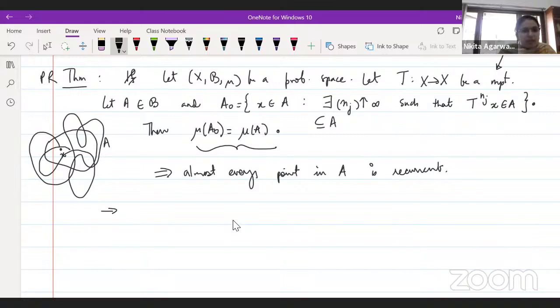So I should say that if measure of A is positive, then A naught is of course non-empty, comes from the fact that measure of A naught is positive, right?